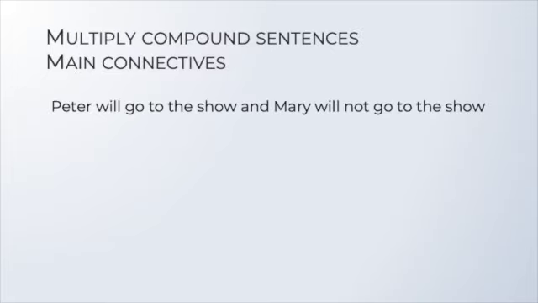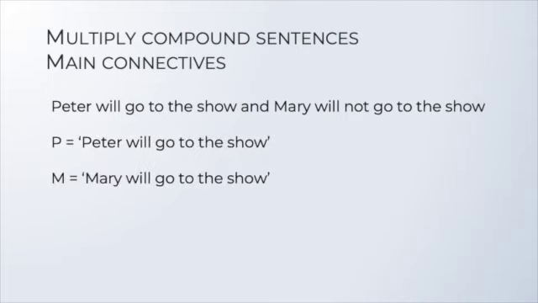Suppose we want to represent the sentence, "Peter will go to the show and Mary will not go to the show." Let P stand for "Peter will go to the show," and M for "Mary will go to the show." Ultimately, "Peter will go to the show and Mary will not go to the show" will be written as P ampersand tilde M. How did I arrive at this result?